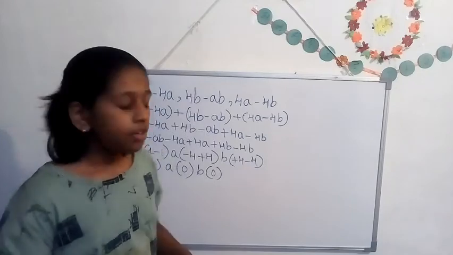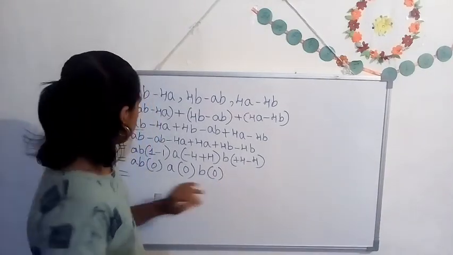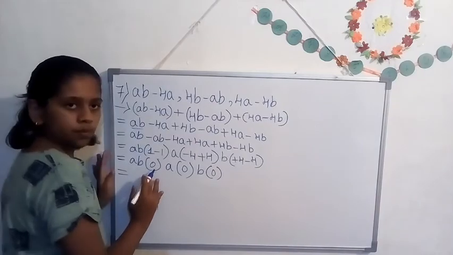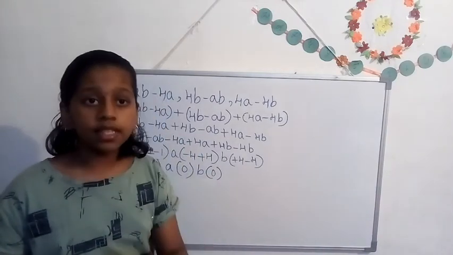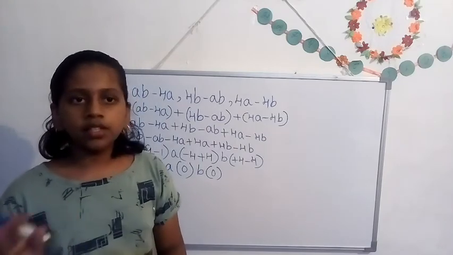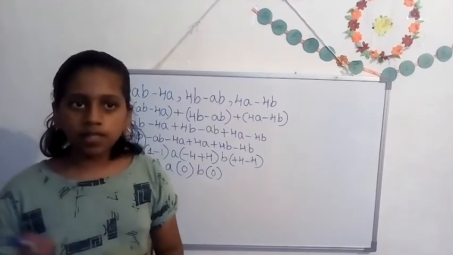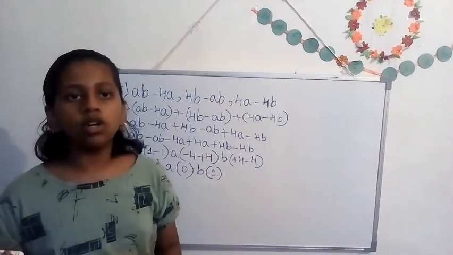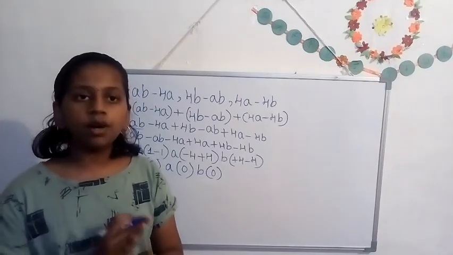So now we are going to identify the last answer. So AB into 0, 0. If anything is multiplied by 0, it should be 0 only. 2 into 0, 0. A into 0, 0. AB into 0, 0. 4A into 0, 0. 2A into 0, 0 only. It should not be written as 4A or AB.